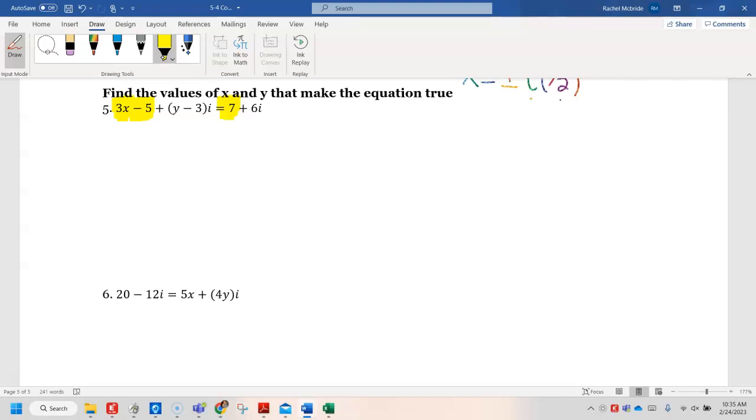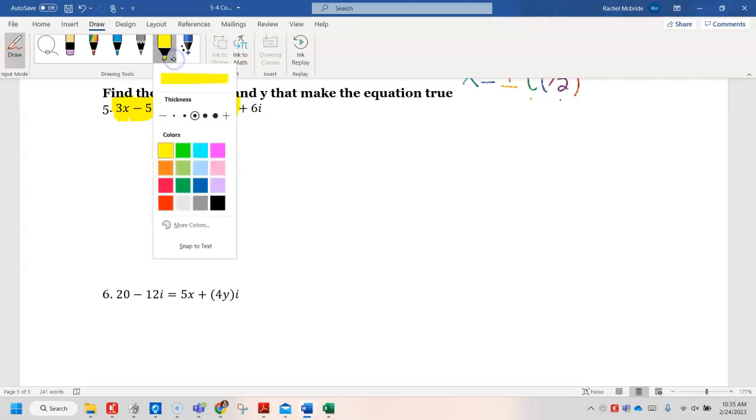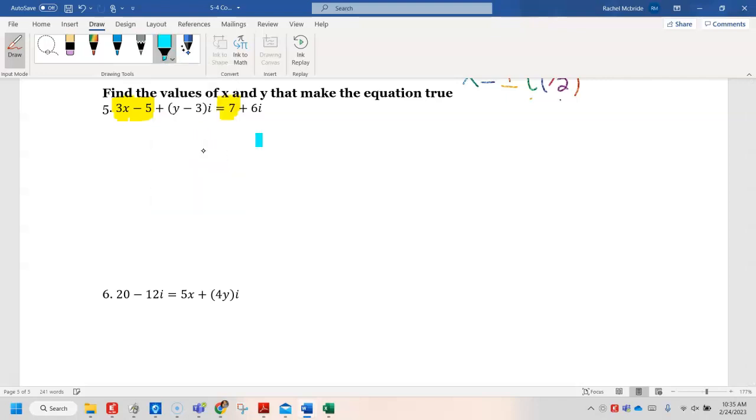So what we need to do in these problems is identify the reals and then identify the imaginaries. 3x minus 5 and 7 have no i's, so they're considered real. y minus 3 is multiplied by i, and 6 is multiplied by i, so they're considered imaginary.